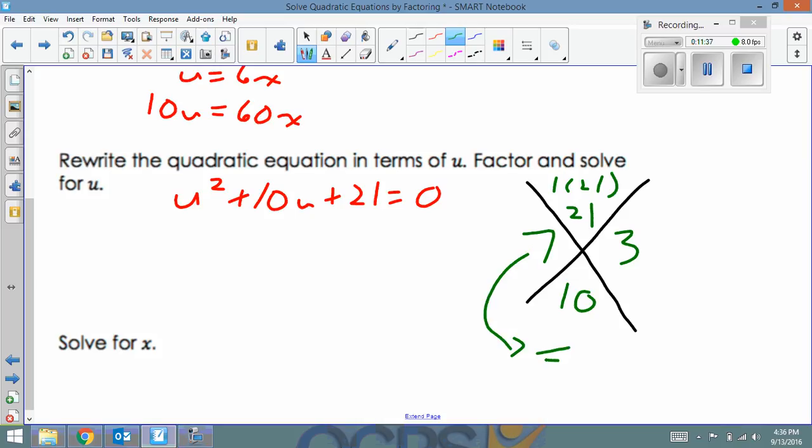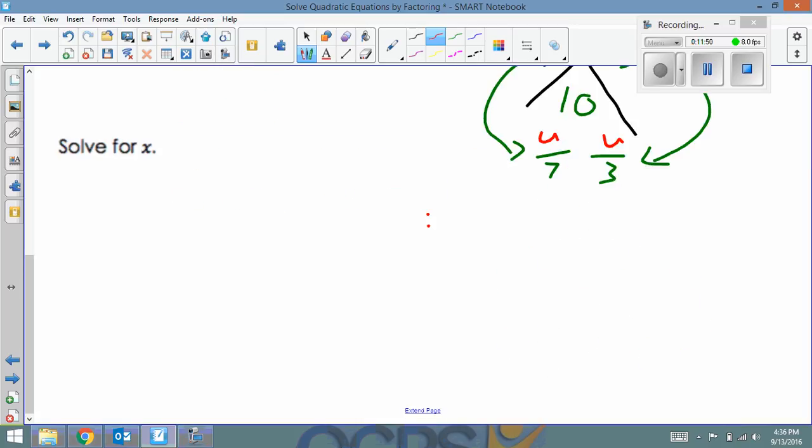So we're going to write those as the denominators of our fractions. The numerator of our fractions is just simply going to be u, because that's our a value in this case. We can't reduce any fractions, so our two factors will be u plus 7 and u plus 3.